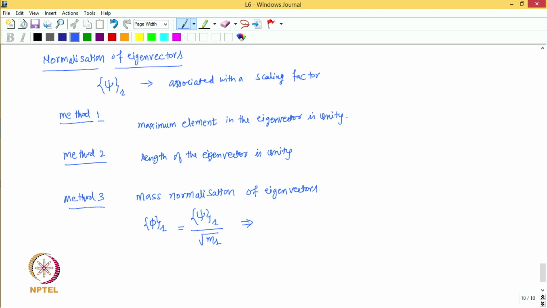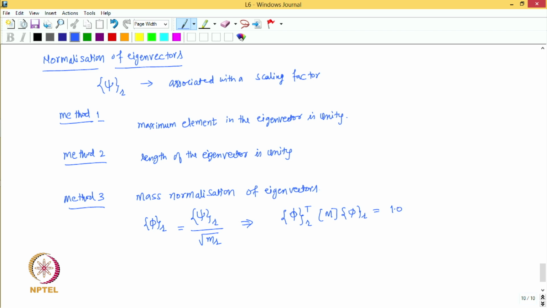So, what is the result of this way of normalization? If we look at the orthogonality with respect to the new vector, phi r transpose M phi r, this will lead to a unit modal mass, right.